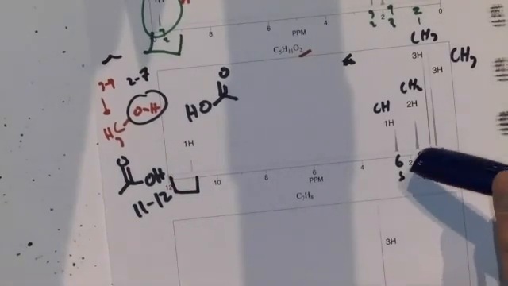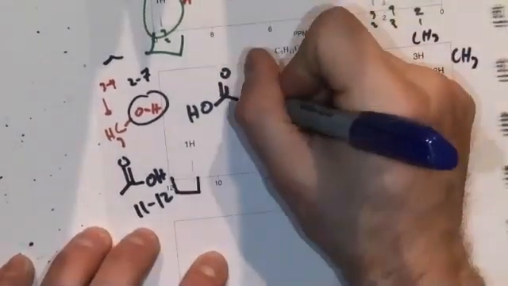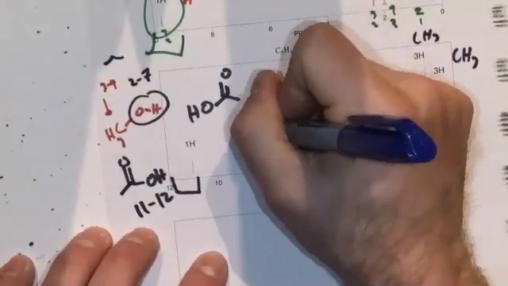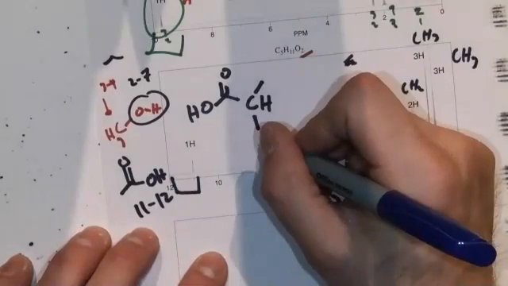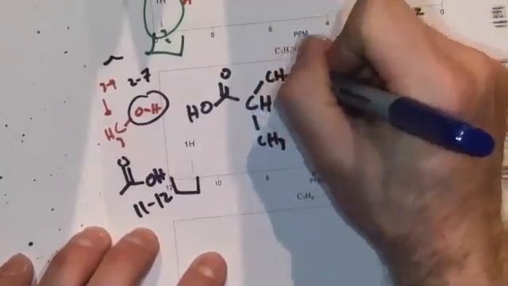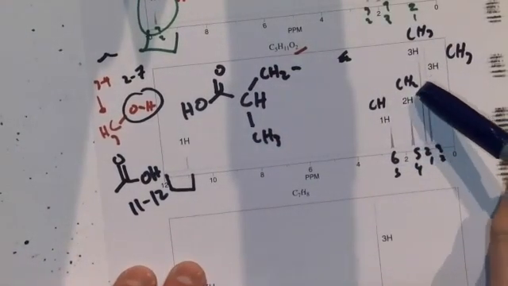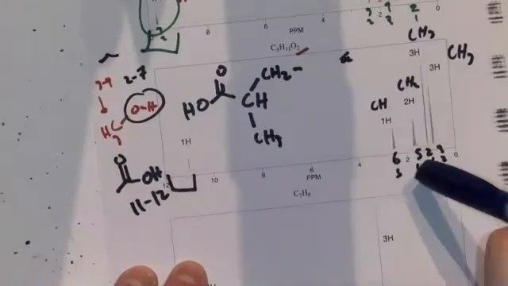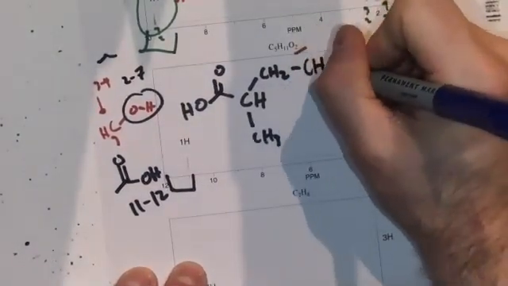So 2 to 3 range is going to be next to our carbonyl. It's got a CH, supposed to have 5 neighbors, so a CH3 and a CH2. We've only got 1 CH2, so that makes things easy. That CH2 is supposed to have 4 neighbors. It currently has 1, so it needs a CH3.